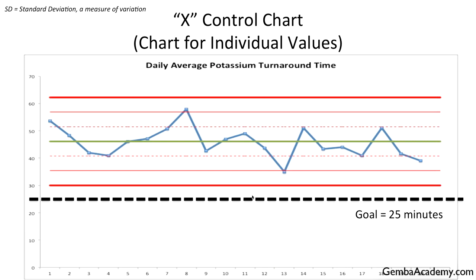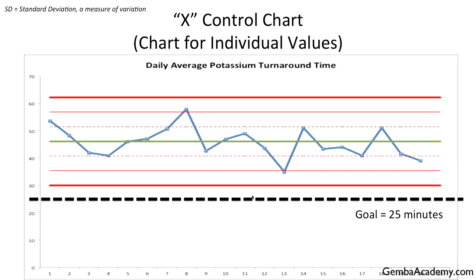What this control chart, in comparison to the goal, tells us is that the system is stable, but it's not capable. And there are different ways of trying to improve the system, knowing that on average it's stable and not meeting customer needs, as opposed to having a system that is out of control and had something weird happen yesterday that drove average turnaround time to 80 minutes.